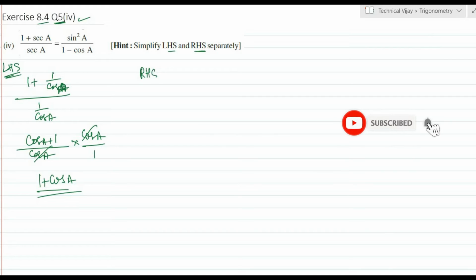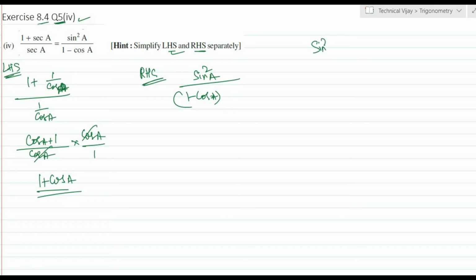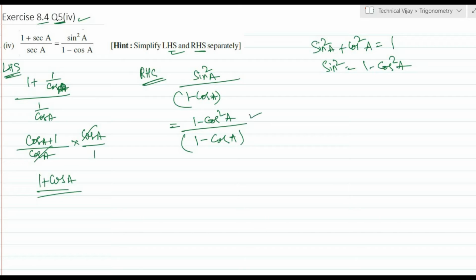So RHS I will take. He has given a hint: sin square A divided by 1 minus cos A. So we know that sin square A plus cos square A is equal to 1. So sin square A can be written as 1 minus cos square A. Here sin square can be written as 1 minus cos square A divided by 1 minus cos A. So see, this one we have written in the last example, that is 1 square minus cos square A, that is A square minus B square formula.